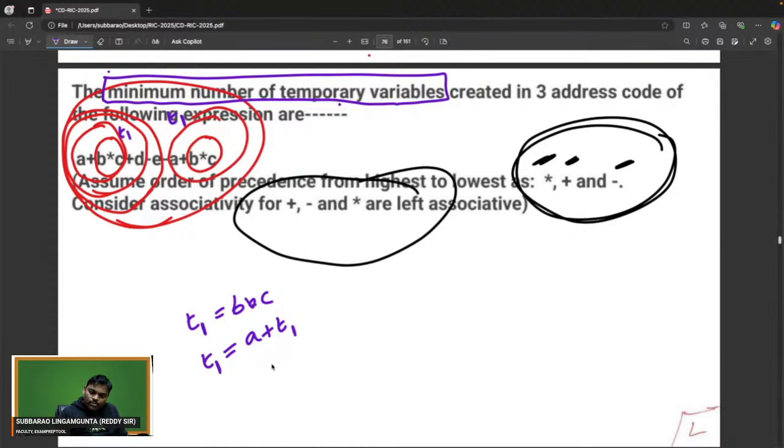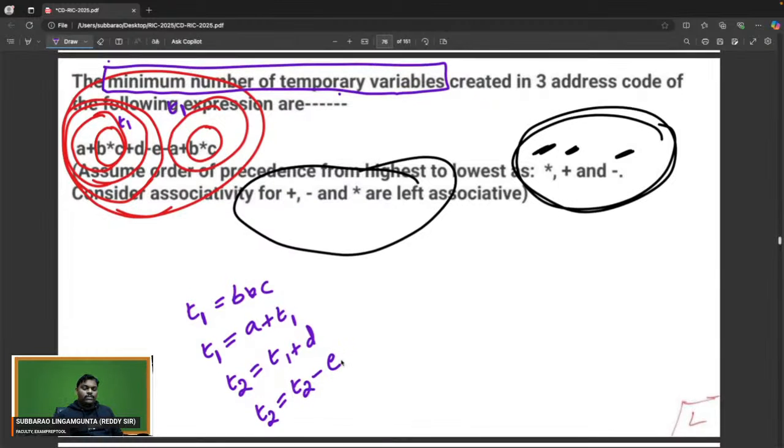Afterwards, T1 plus D is equal to T2. Next one, T2 minus E is equal to T2, because we don't use it again, so you can replace.